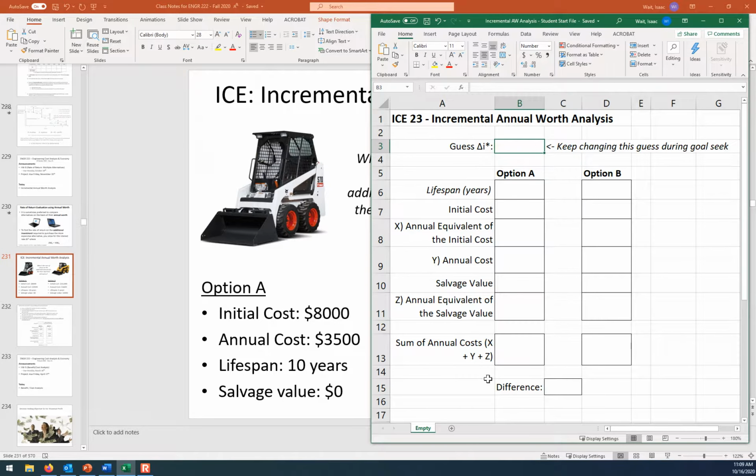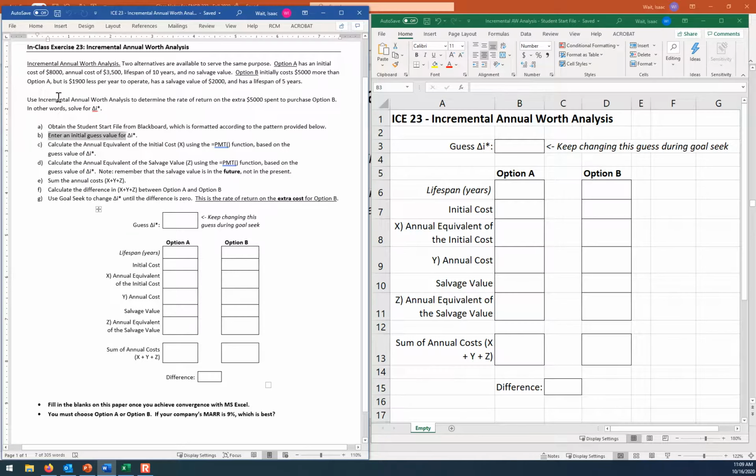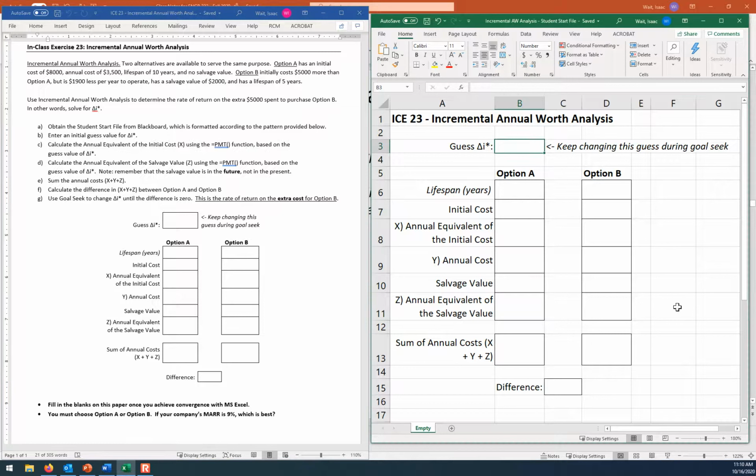All right, now I've given you some step-by-step procedure here. I want to give you some time to try to interpret these instructions along with the template file that you've already been emailed. After a few minutes of you working through these instructions, I'll break in and demonstrate and see if we're all on the same page.